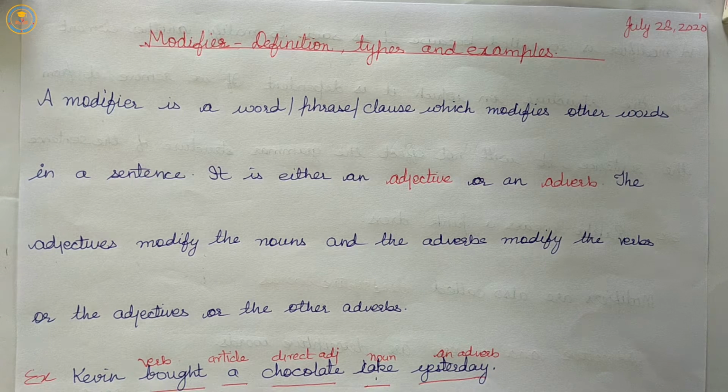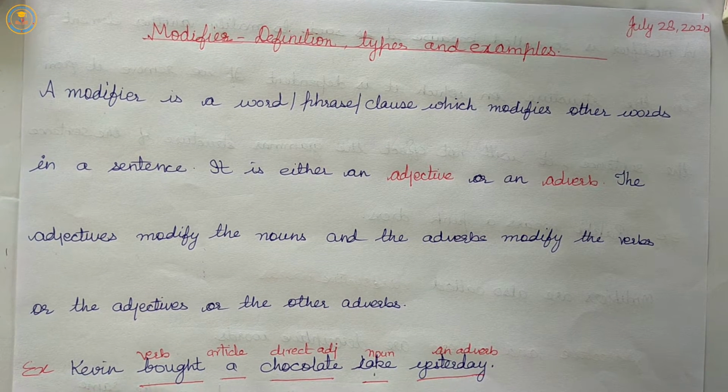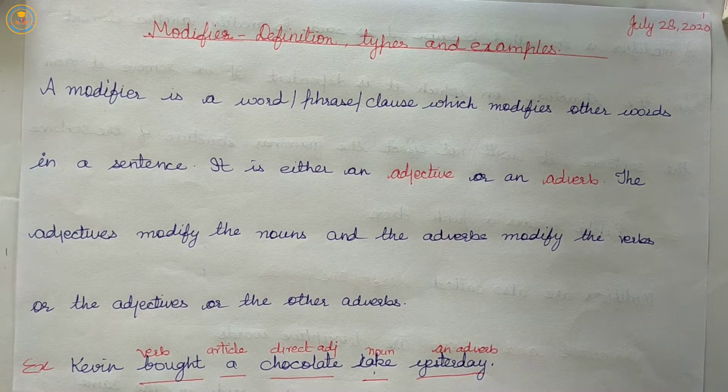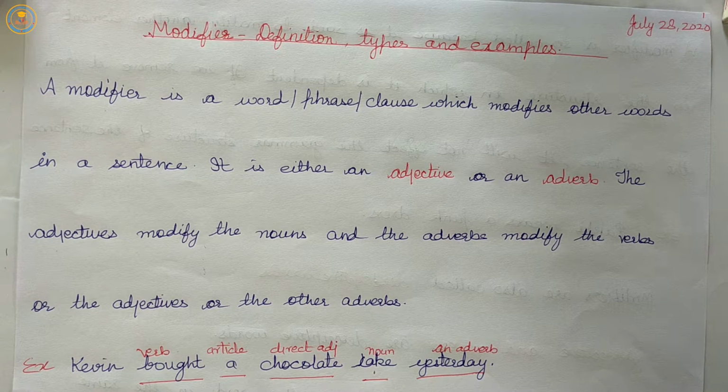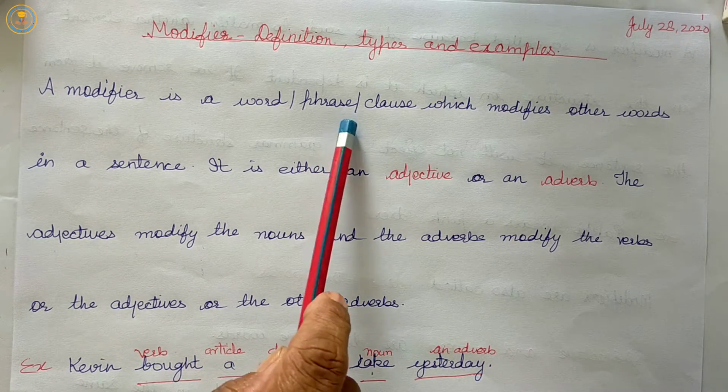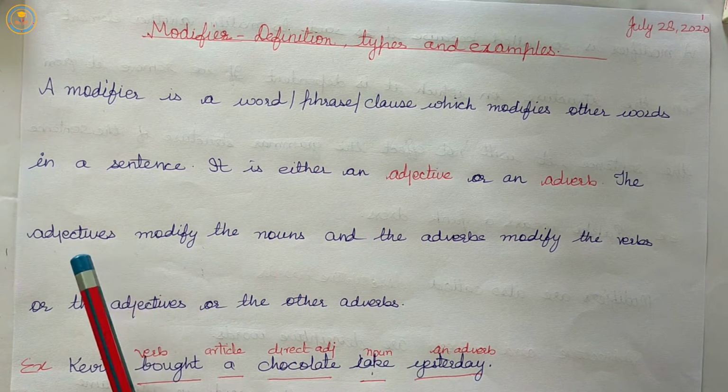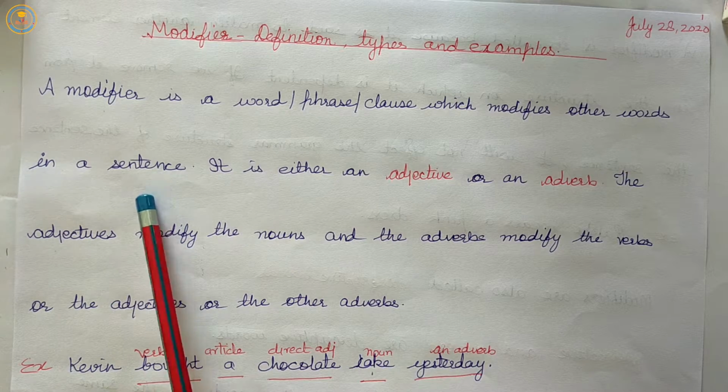Whenever we want to tell something more about the given nouns or pronouns in the sentence, the words that give extra information, whether it is in their quality or in their actions, are modifiers. So, a modifier is a word, a phrase or clause which modifies other words in a sentence.